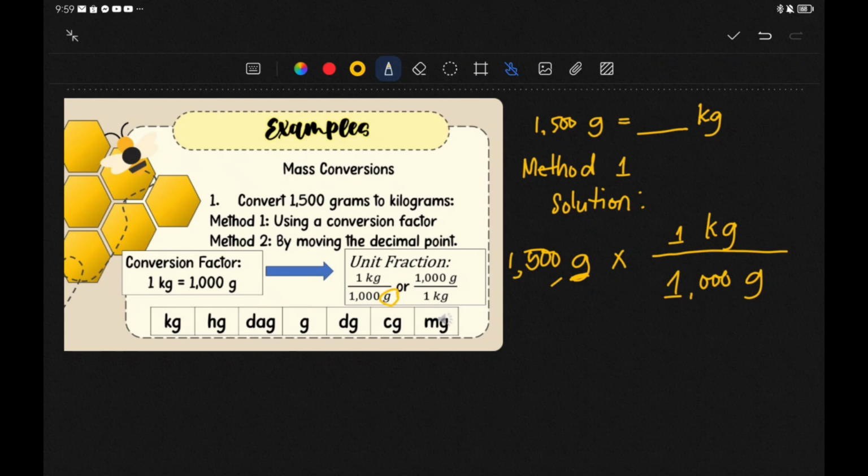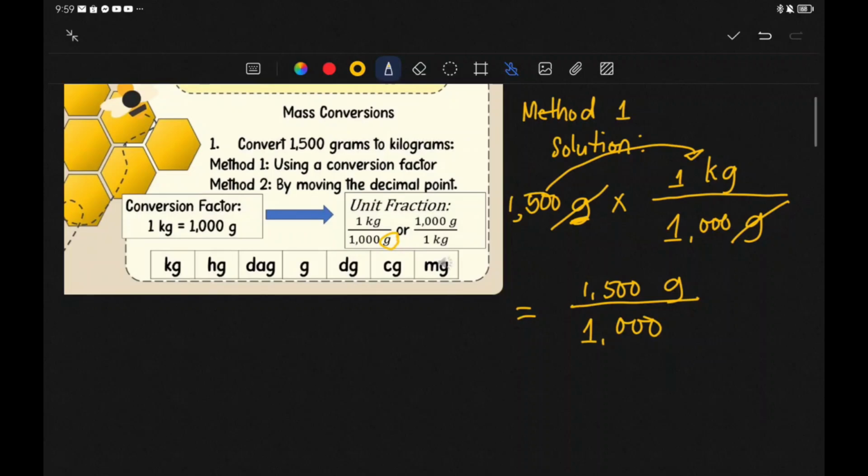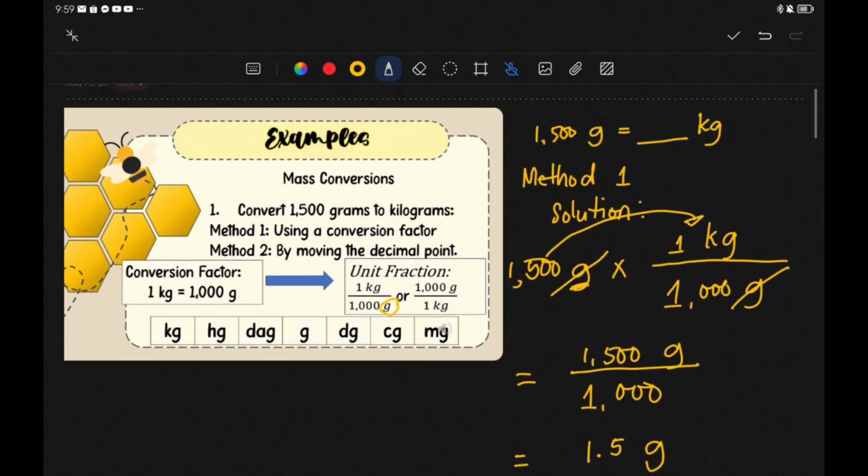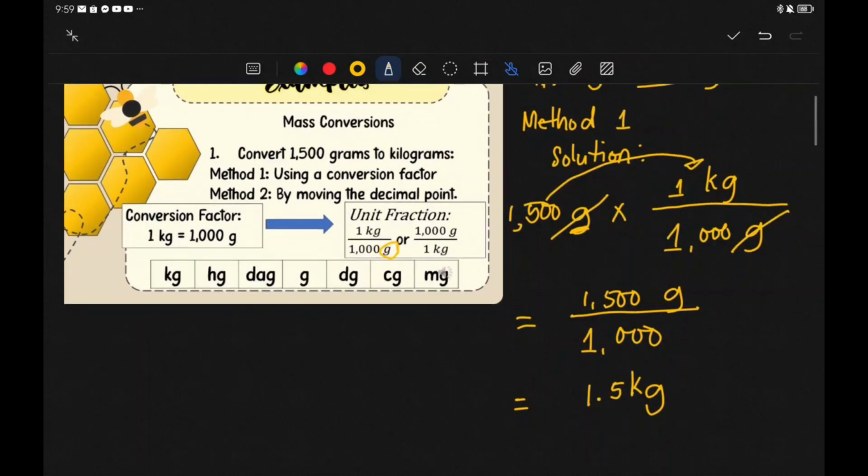So, cancel out grams. 1,500 times 1, that's 1,500 over 1,000. Now, if you are going to divide 1,500 and 1,000, the answer would be 1.5. So, therefore, 1,500 grams is equal to 1.5 kilograms.